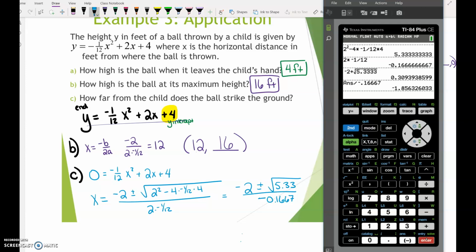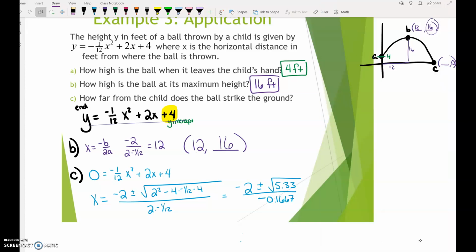So let's try the other way using minus. Negative 2 minus the square root of 5.3 repeated, divided by negative 0.16 repeated. I get 25.9, so about 26 feet. So the answer to this is about or almost 26 feet.